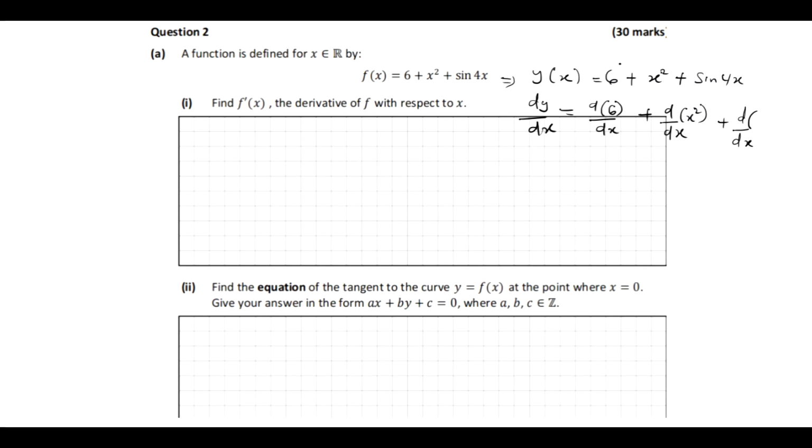It's made up of the trig function, which is sine, and then the power function, which is 4x. The power here is 1, the power here is 2. So this is like a function of a function. It's not just one function, it's a trig function and a power function together. But in order to get the differential of f of x, we need to differentiate each individual term.